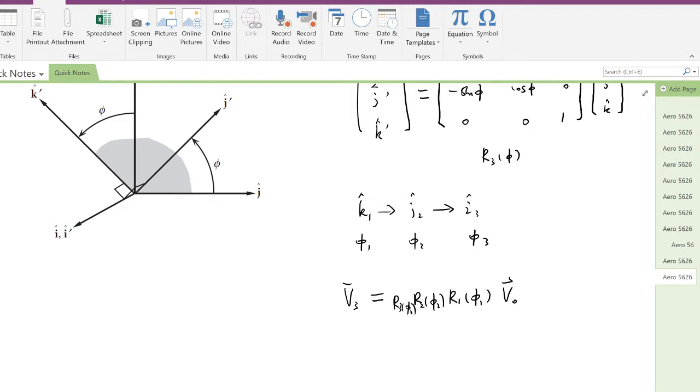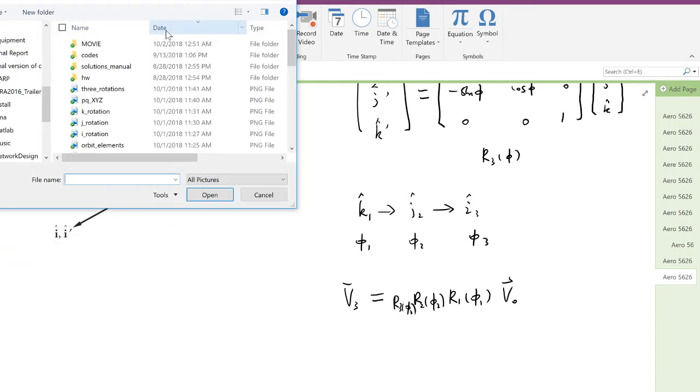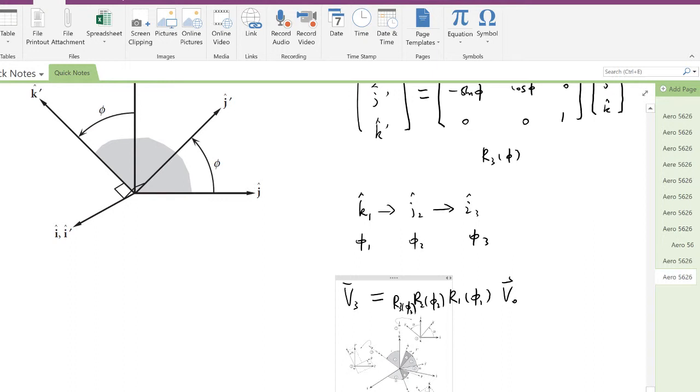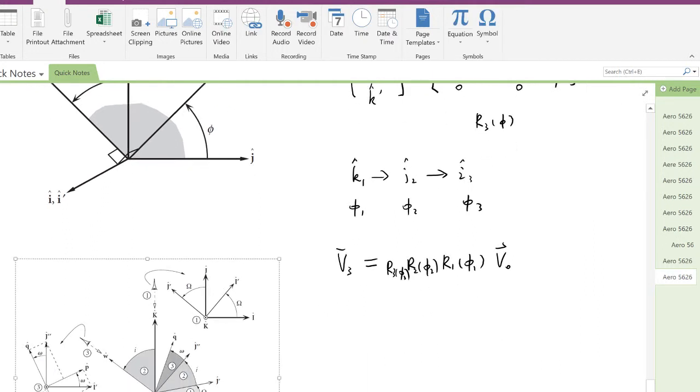Now we come back to our problem. What is the rotational sequence we have in our problem? To explain this, I will insert another picture. So this explains the rotational sequence.